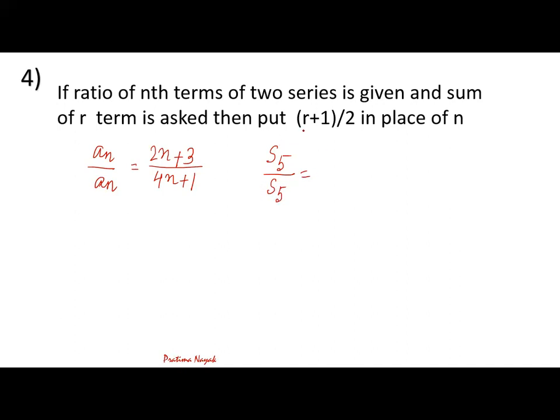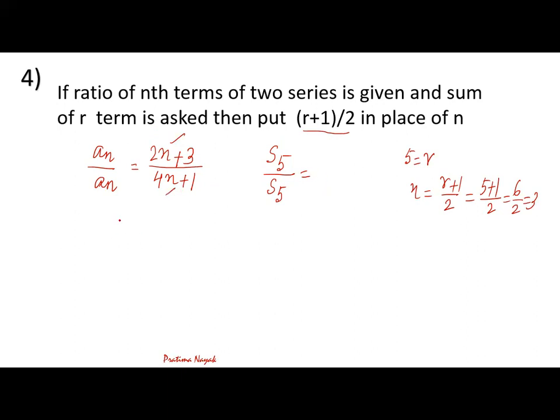So at that time, we will just go opposite. What does it mean? Suppose 5 is your r here. I'll put n is equal to (r plus 1) by 2. That means (5 plus 1) by 2, that will be 6 by 2, or that will be 3. So in place of n, in both places I'll put 3.